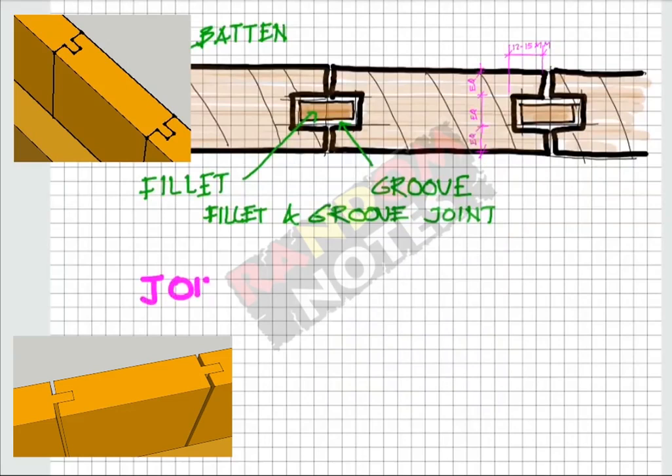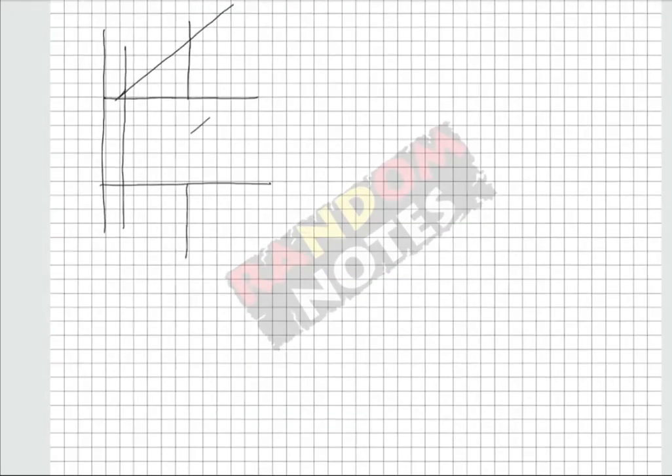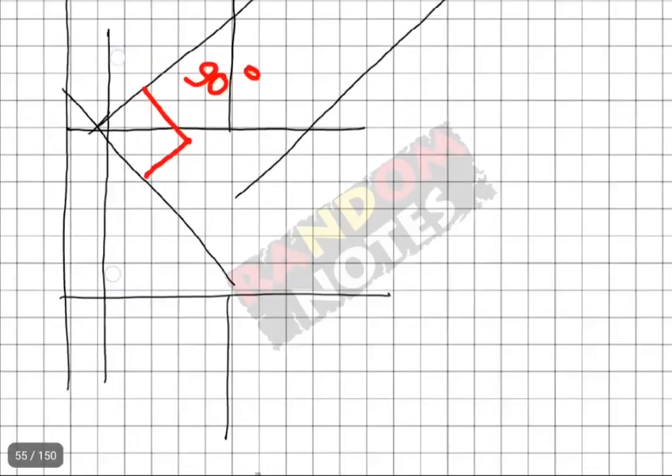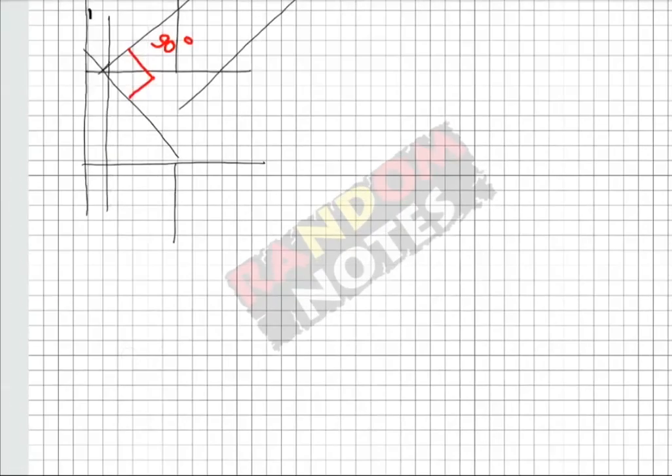Let us understand the joint between the ledge and brace now. The brace comes and meets the ledge at an angle. The outer edge of the brace meets the ledge after a minimum gap equal to the thickness of the ledge.